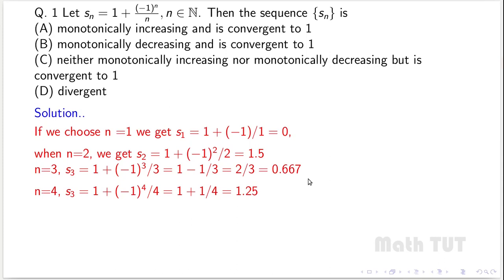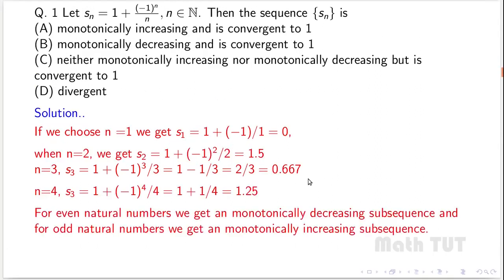So what you can see here is that these two subsequences are monotonic. For even natural numbers we get a monotonically decreasing subsequence, and for odd natural numbers we get a monotonically increasing subsequence. Both subsequences are converging to 1.